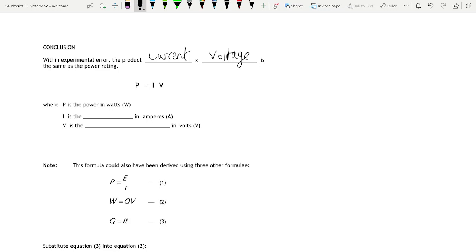So P equals IV. P is the power in watts, I is the current in amperes, and V is the voltage or the potential difference.